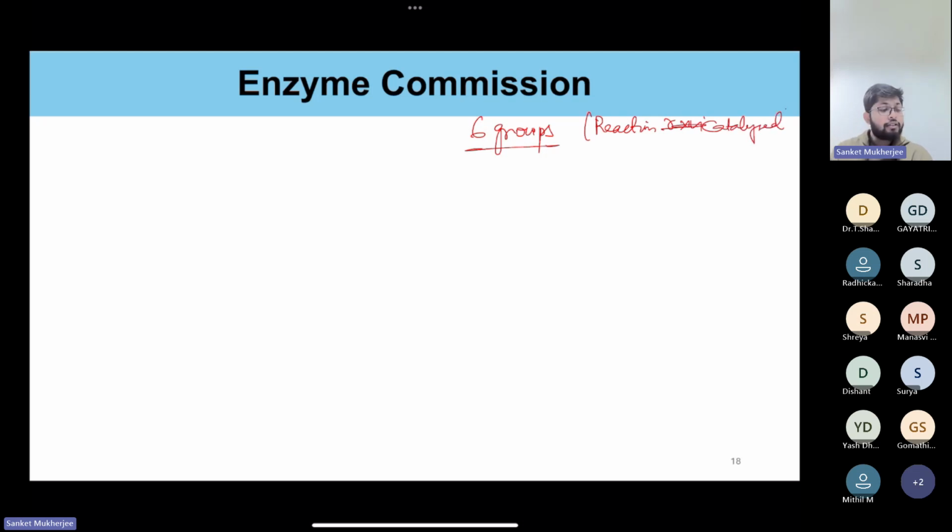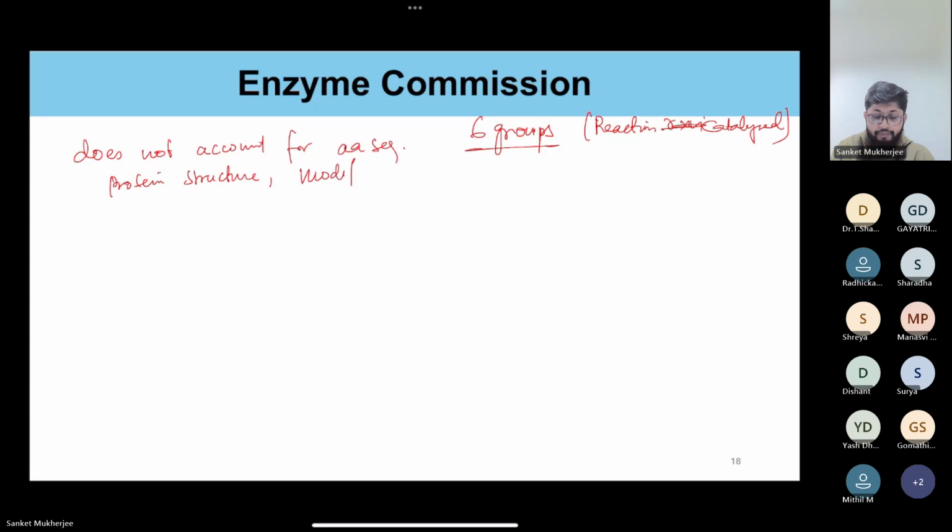It does not account for amino acid sequence or the protein structure or modifications, like glycosylated or methylated residues. Those kinds of things are not accounted for. And every enzyme has an EC number. EC again stands for Enzyme Commission.